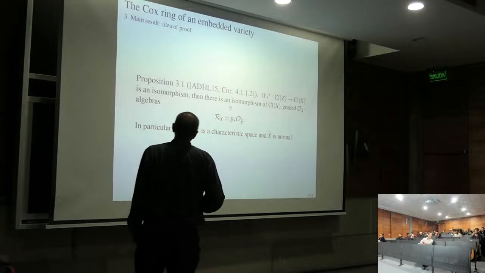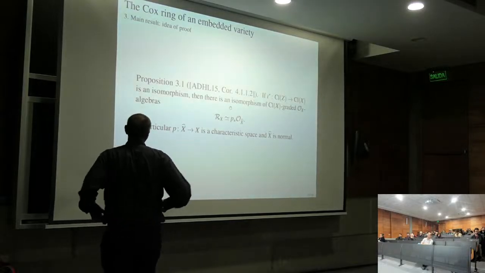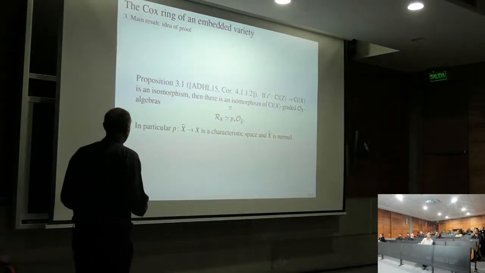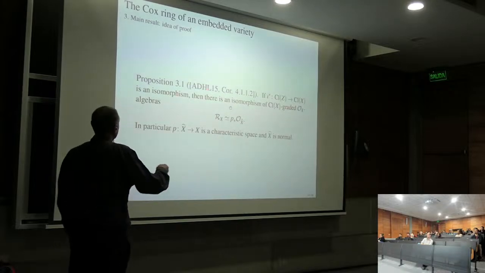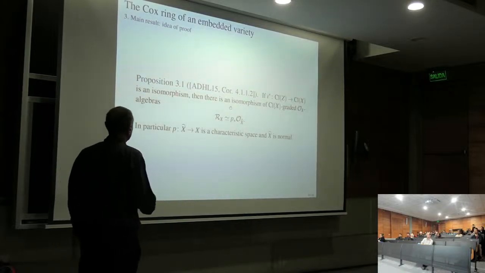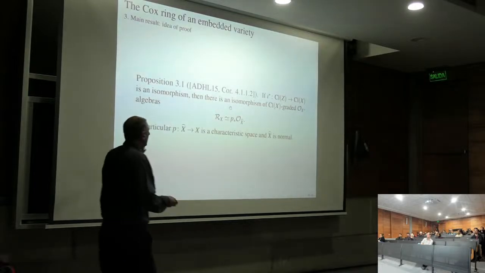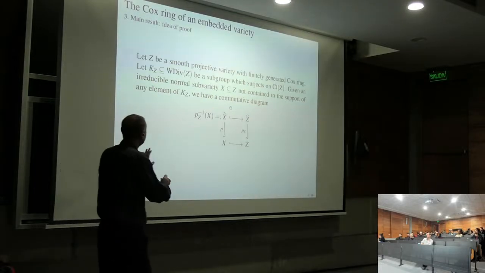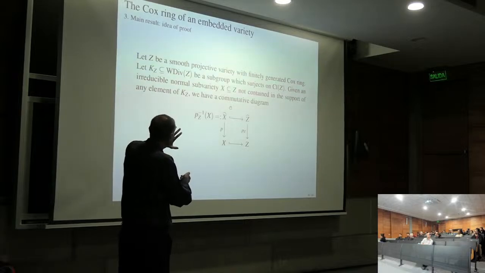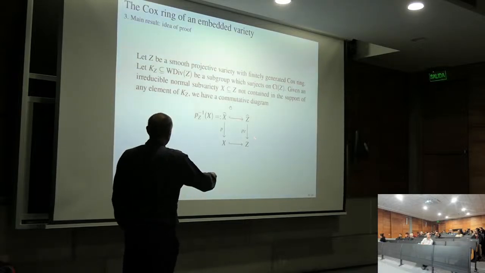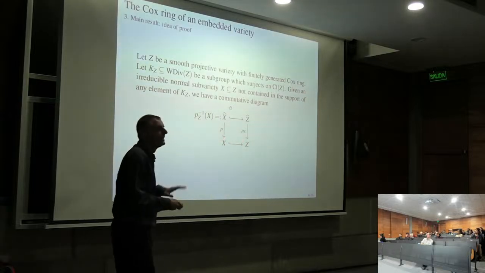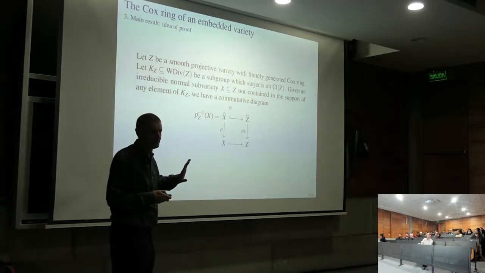Now, this is basically a result which is in a paper by Hausen and Jürgens, and we rewrote it in this book on Cox rings. So right here I put no hypothesis, but now I'm assuming that the pullback map from the divisor class group of Z to the divisor class group of X is an isomorphism.